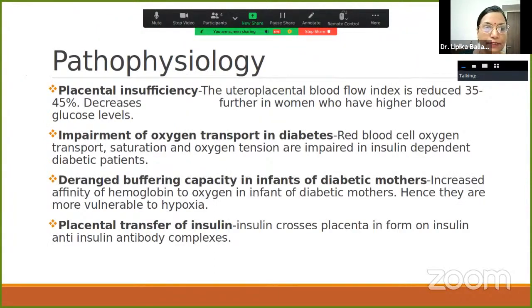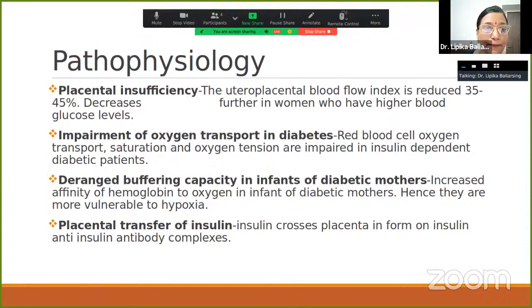So coming to the pathophysiology of these conditions, the placental insufficiency is manifested as the uteroplacental blood flow index seen to be reduced, a 35 to 45% decrease. And it decreases further in the women who have uncontrolled diabetes or a higher blood glucose level, or more hyperglycemia.